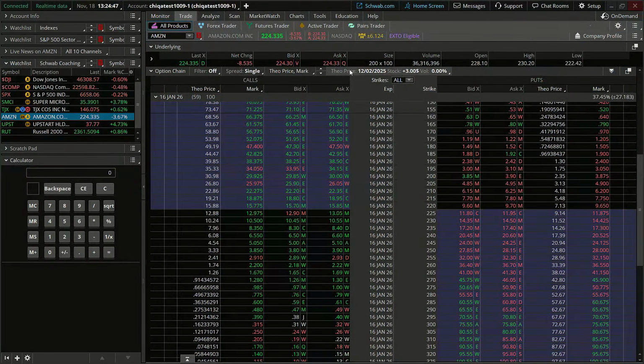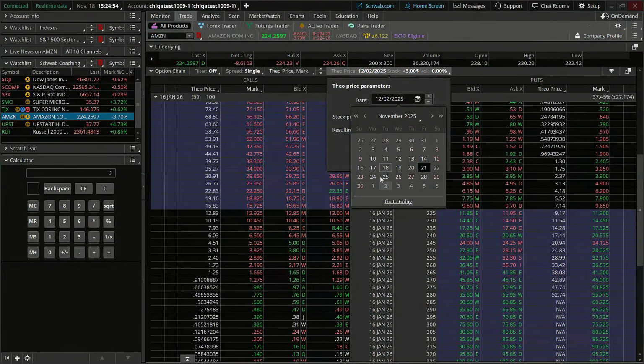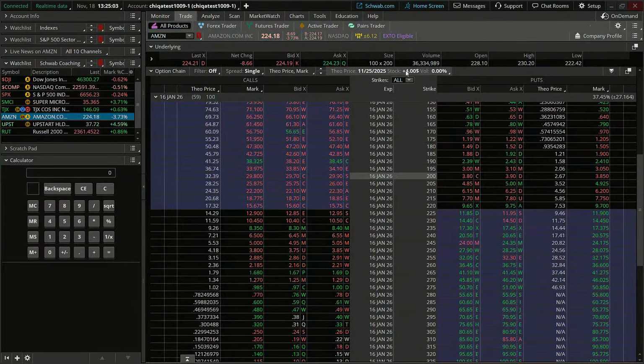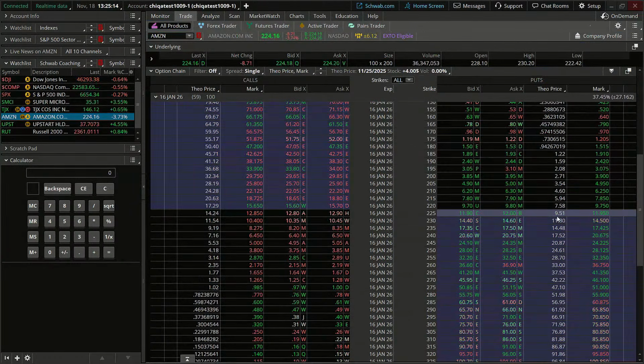Now let's look at if it moves $4 in the next week, so I'm going to move this to the 25th. If the stock price moves up against us, back above that 50-day and that 100-day moving average over the next week, this could put our option price right around 950 or so.